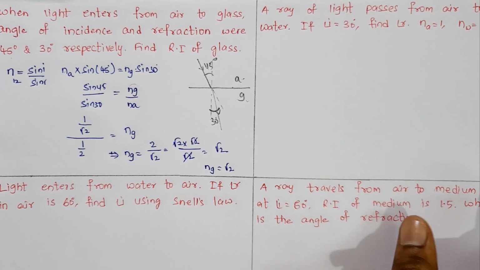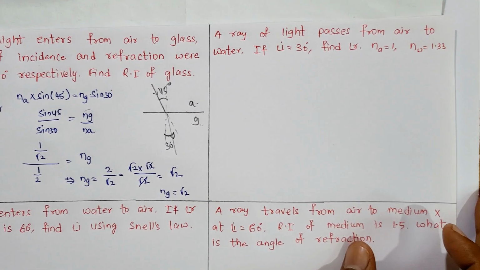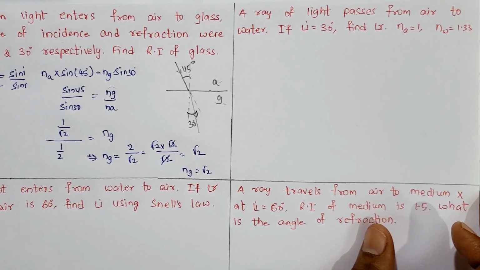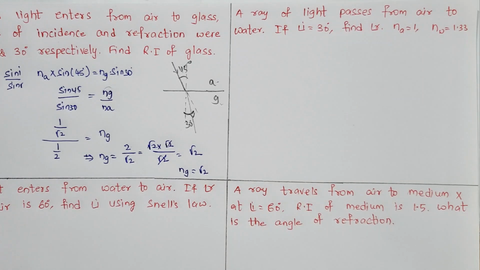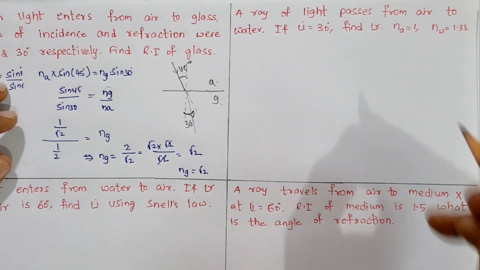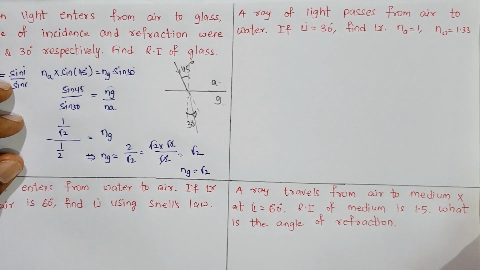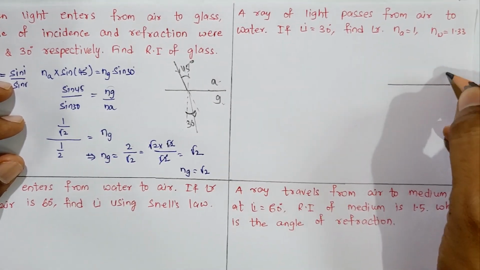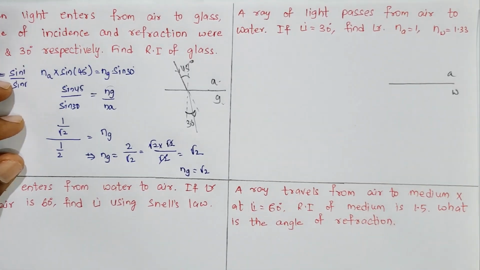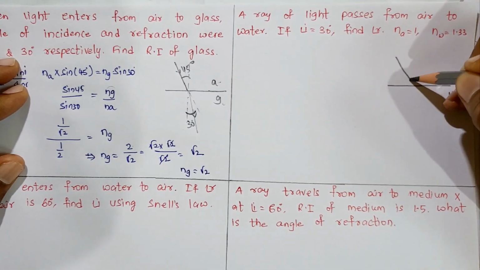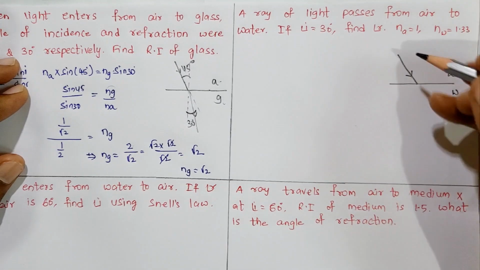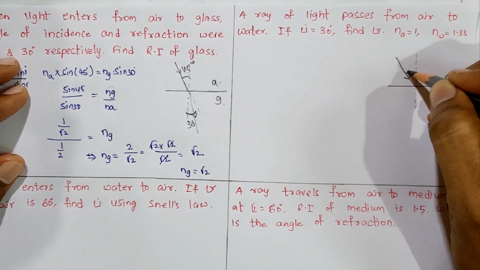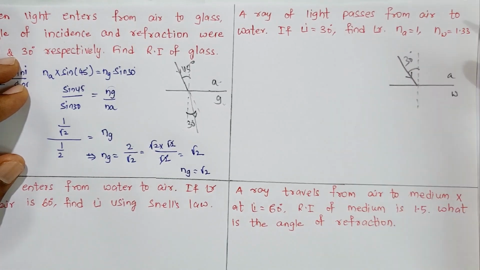Now let us take the second question. A ray of light is passing from air to water. This is air, and this is water. While passing from air to water, the angle of incidence they have given is 30 degrees.